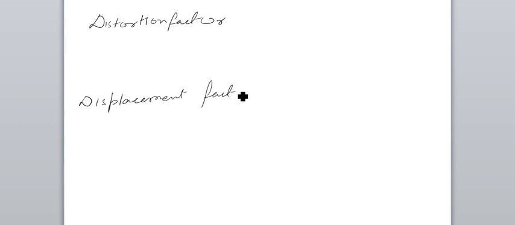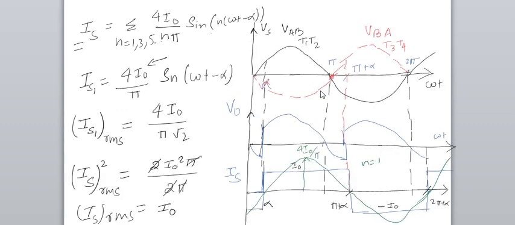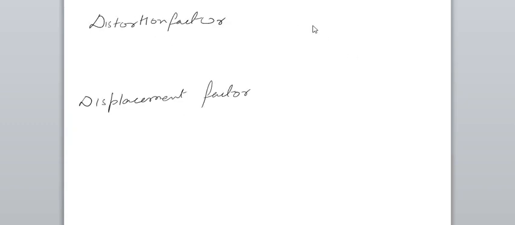Now, this is one of the important classes of power electronics. Let us suppose my supply voltage is sinusoidal, but my supply current is square shaped.